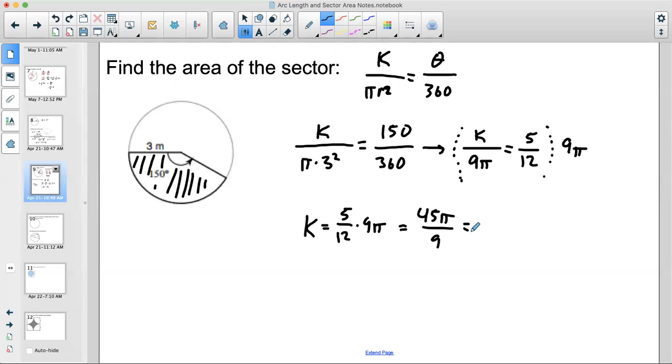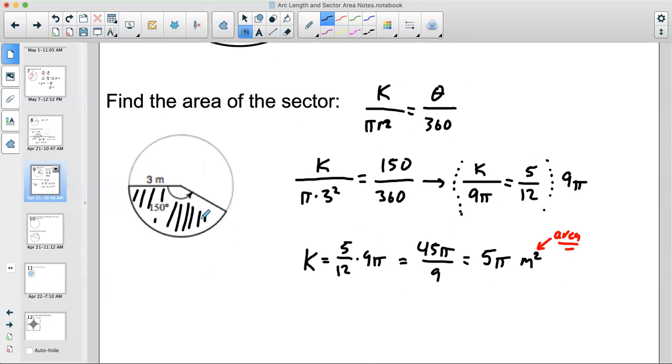This fraction can also be reduced. They both divide by 3. So this is just 5 pi. And that should be measured in meters squared. Meters have to be squared for area.